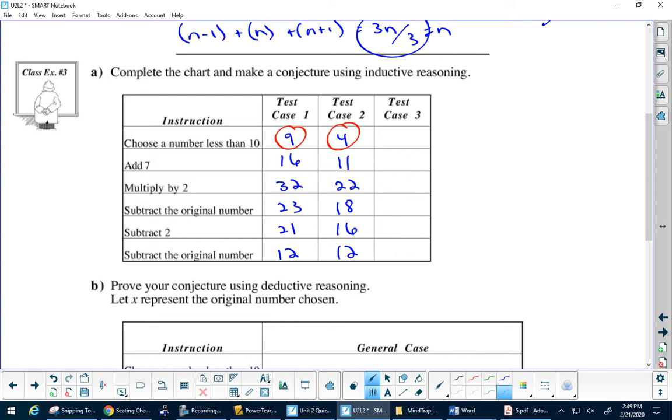It's got to be between 1 and 10. Maybe you're thinking he's going to make me do a bunch of stuff in my head. I'm picking 1. Okay? Add 7. 8. Multiply by 2. 16. Subtract the original number. 15. Subtract 2. Subtract the original number.